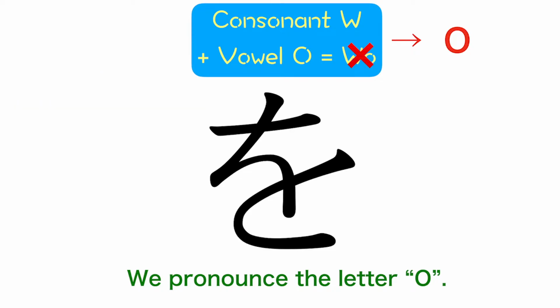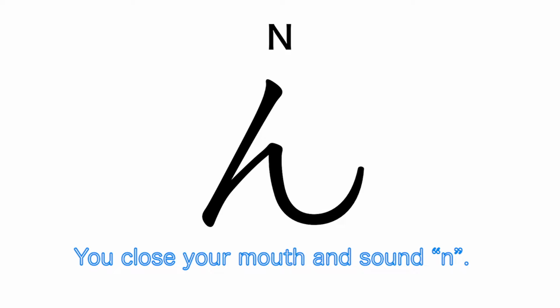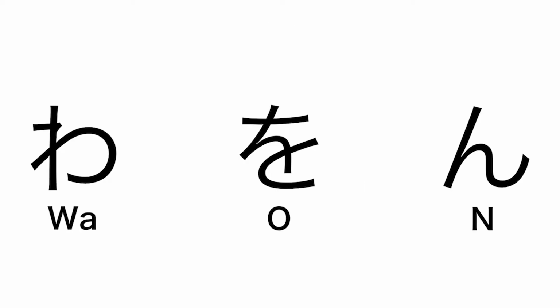So the pronunciation is just o. And then lastly, n. For this sound, you just close your mouth and then n. So the three letters are wa, o, n.